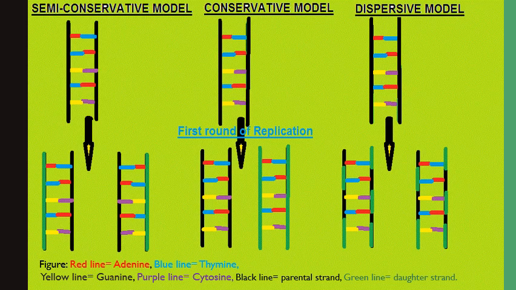While in the dispersive model, the scientists suggested that the DNA molecule is broken down into pieces, and the daughter DNA molecules are formed along these pieces in a complementary fashion, like adenine will bind with thymine and guanine will bind with cytosine. So this is a very simple explanation without considering all the other molecules and enzymes involved in this replication process. I've just provided you the explanation and understanding of these models that are proposed for the replication process.